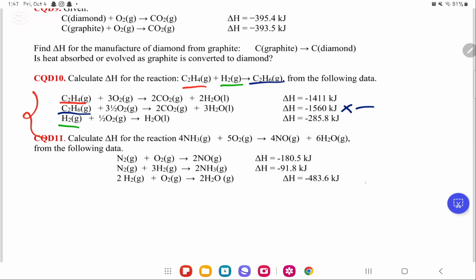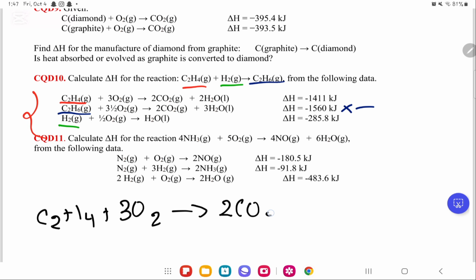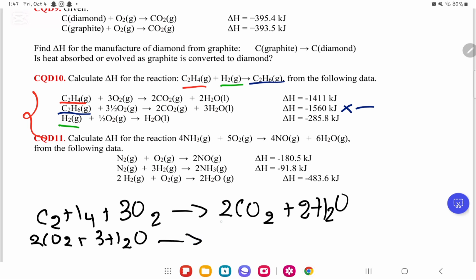So let's write the equations now. It's gonna be C2H4 plus 3O2 gives us 2CO2 plus 2H2O, and then 2CO2 plus 3H2O gives us 3.5 O2 plus C2H6.